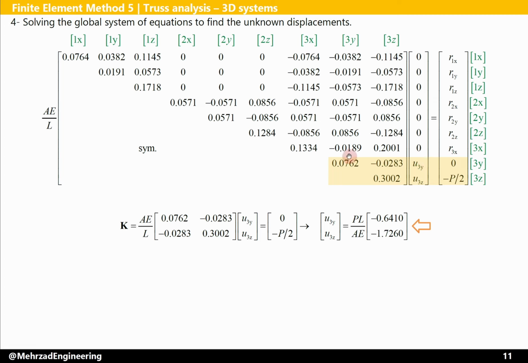we could only consider this part of the system of equations, which is a system of equations with two unknowns, u3y and u3z. By solving this system of equations, we could find the unknown displacements in y and z direction at node 3, and because of the symmetry in x direction, the displacement is equal to 0 for node 3.